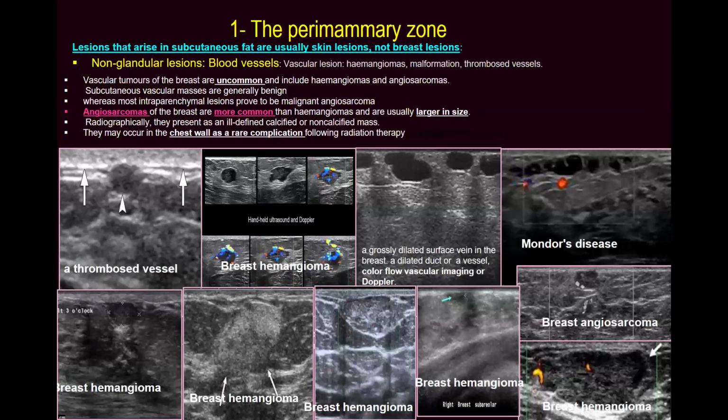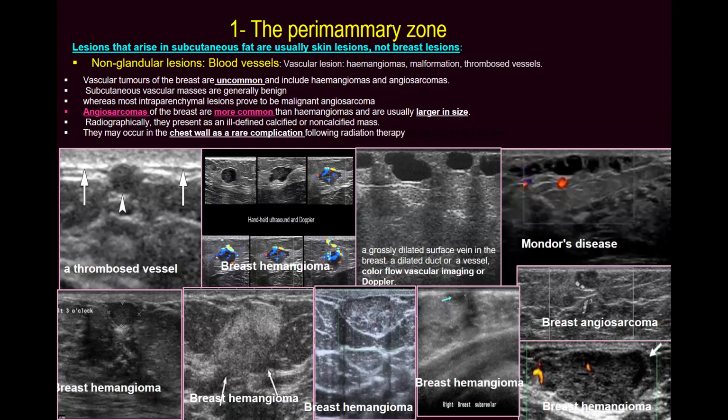Okay, as you mentioned, blood vessels, vascular lesions. Vascular lesions can be hemangiomas. We have variable appearances of hemangiomas, though they are uncommon lesions in the breast, okay?